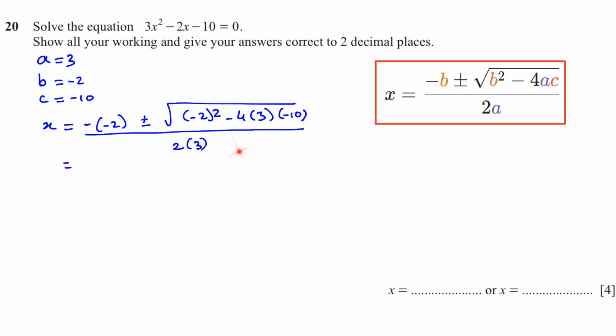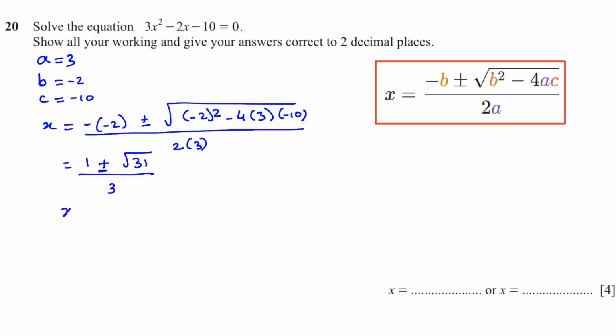You can put this whole thing in the calculator at once, or you can do it separately. It doesn't matter. And when you're putting it in the calculator, don't put the negative sign, put only positive. But when you're writing it, this is what you will get. Just add a negative down.